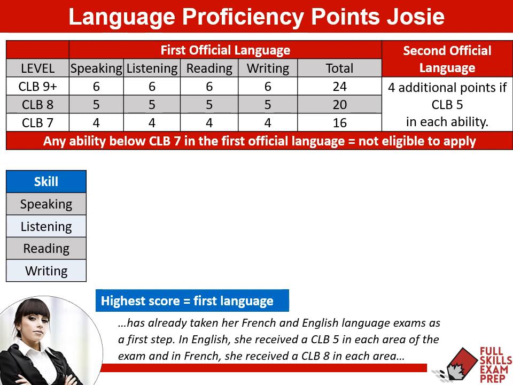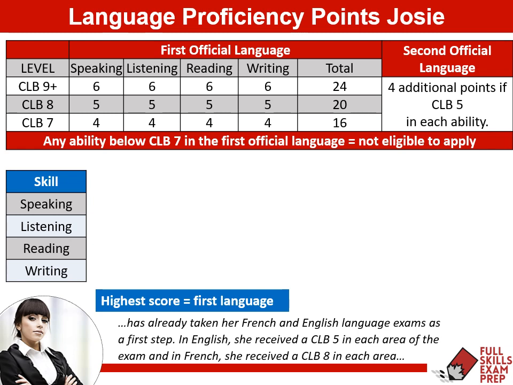Josie covers a different element of language exams and how this can relate to your full skills exam. In that scenario, we could see that she took both exams, the English exam and the French exam. We have a bit of an easy part as well because they give us the CLB rather than the individual language scores.